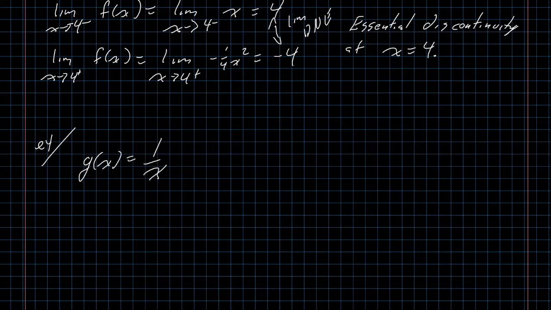All right. Before I wrap up this discussion of continuity, I want to take one more look at g of x, 1 over x. We've talked about this function before. Of course, g of 0 is undefined. 1 over 0 is not a defined operation.